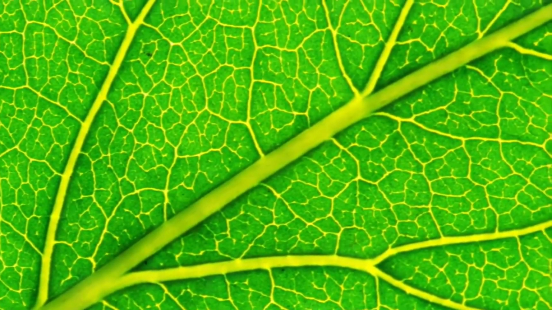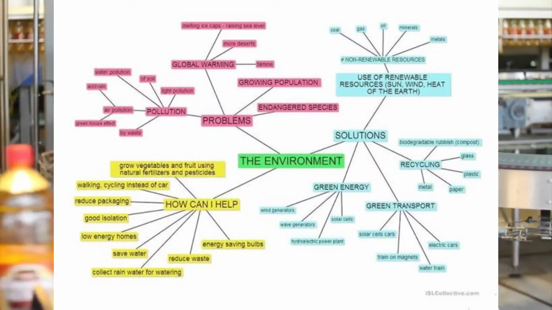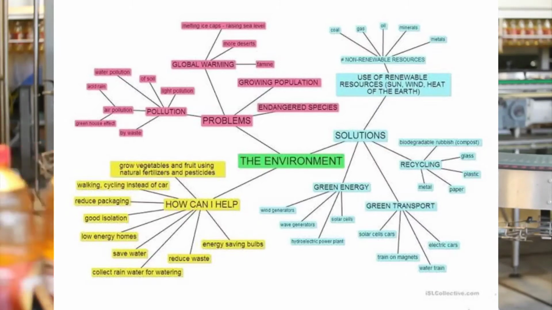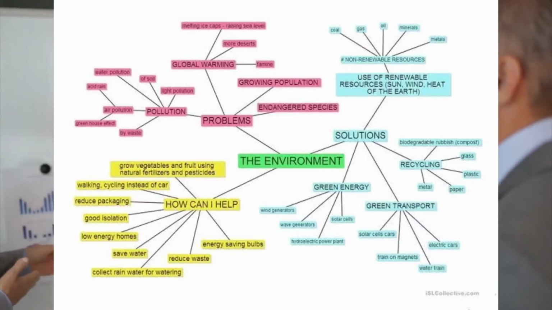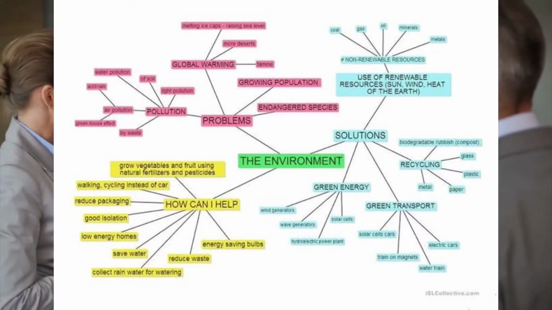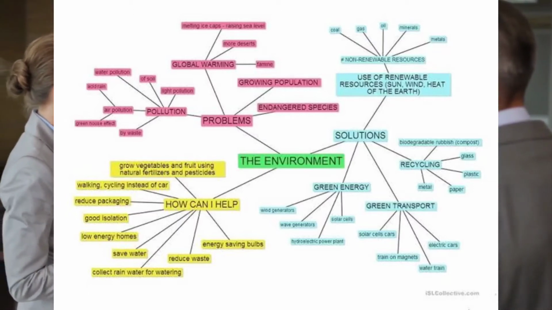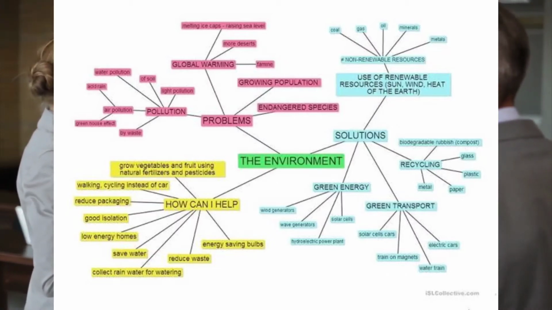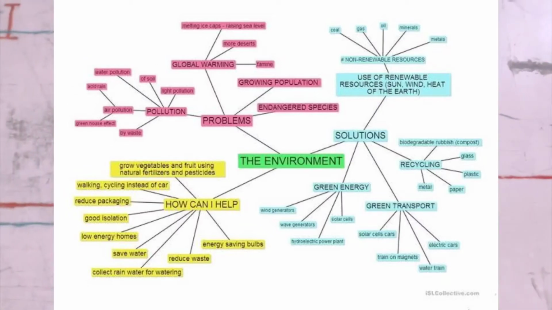enhance our environment nowadays. Like what I said a while ago, I'm going to share also the following environmental issues that people have to deal with. As we can see here, the middle part is the environment, which connects to the problems, solutions, and other major ways to correct the mistakes of people that led to our environment being corrupted.